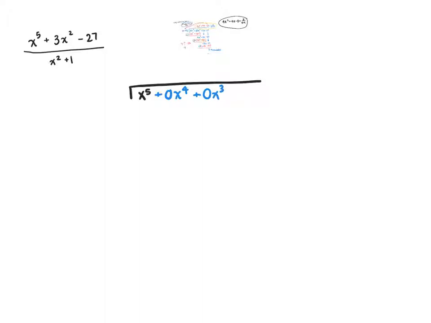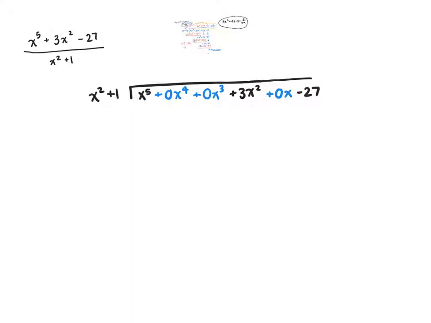There is no x to the fourth and x to the third, plus 3x squared. Again, the placeholders, we don't have an x value, minus 27. We're dividing that by x squared plus 1. Okay, these placeholders help us stay organized.